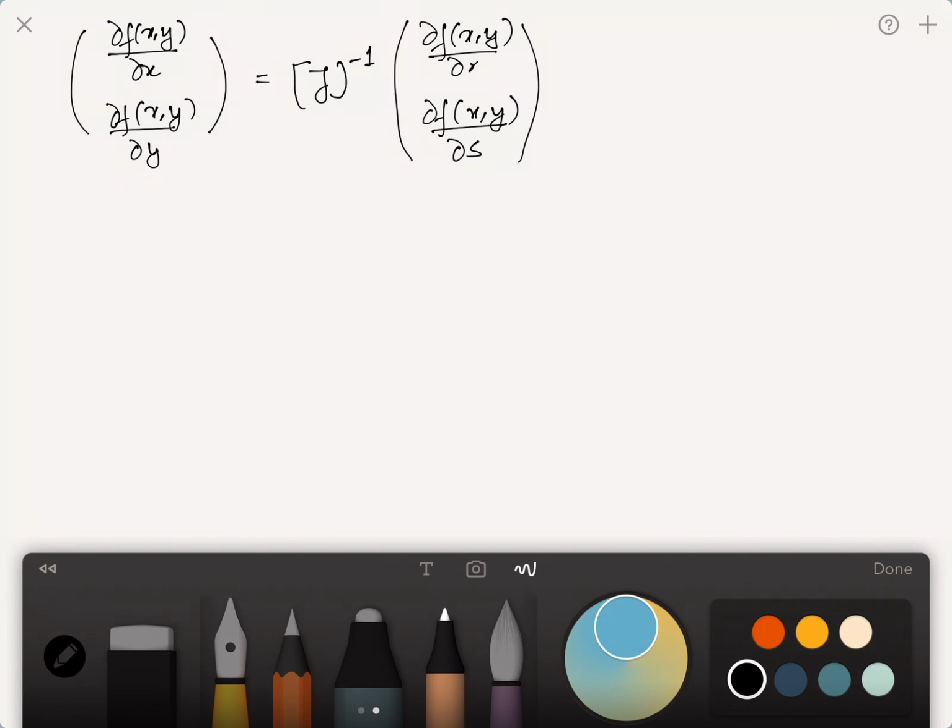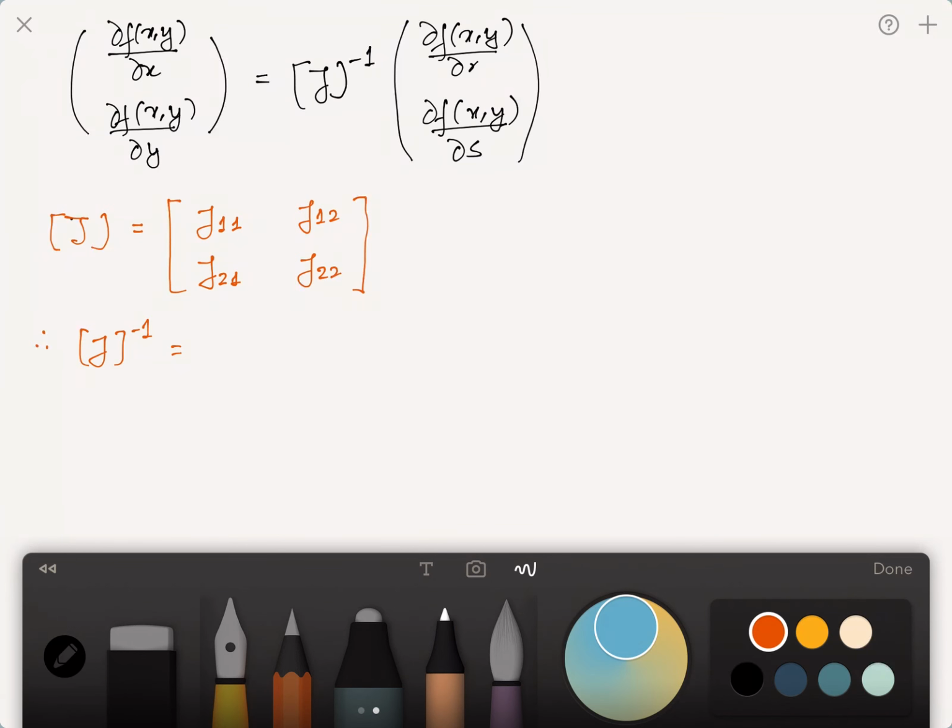The Jacobian J can also be written as J11, J12, J21, J22, just to keep it simple so you don't have to write those partial derivatives out again and again. If you want to find the inverse of this Jacobian, J inverse, you know how to calculate this.